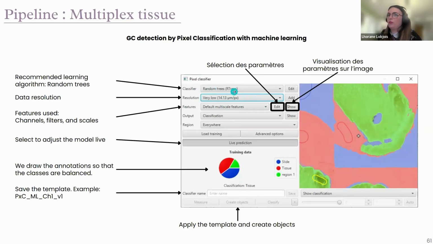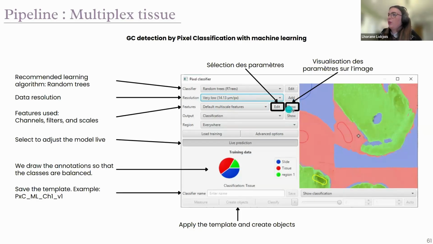The classifier, as I said, my preference is random trees. The resolution depends on the signal you want to detect. It's a virtual resolution, as I said. For the features, if you don't know what a feature will do, you have the show button that you don't have for objects.